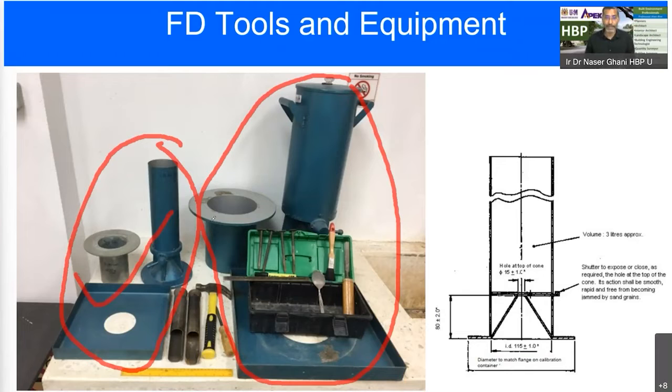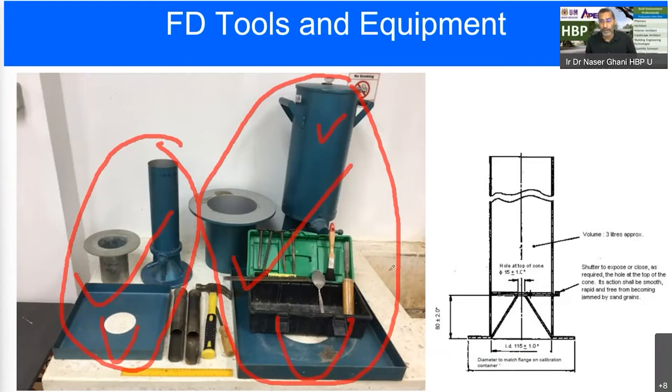It is smaller than the one on the right, which is used for road base, which is the crusher run or crushed aggregate. They have a bigger container to fill with sand, because definitely the hole that we're going to create will be bigger. For soil, it will be smaller. So that's why they have got two sizes here.